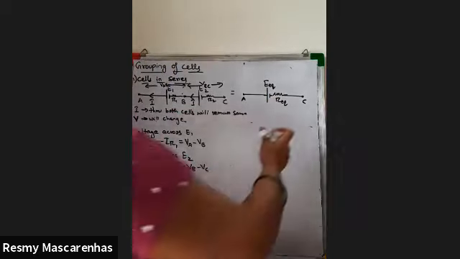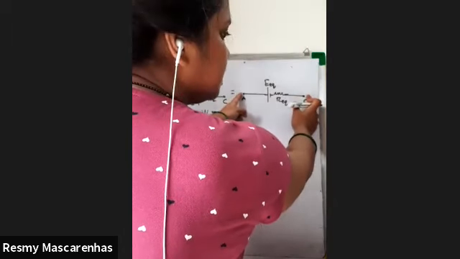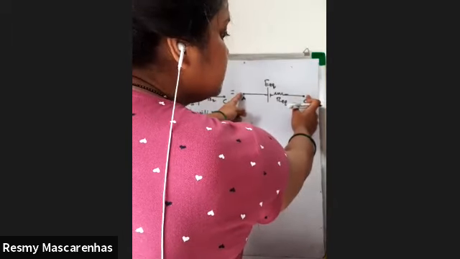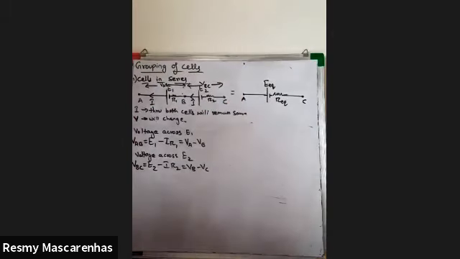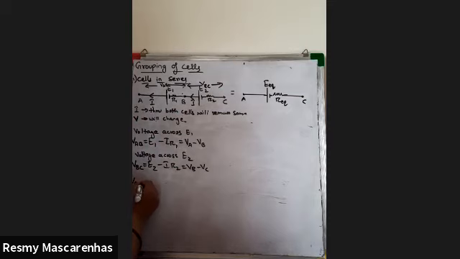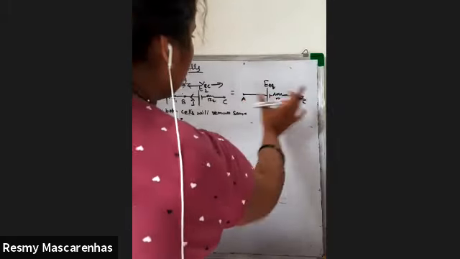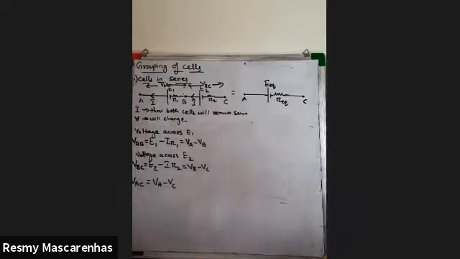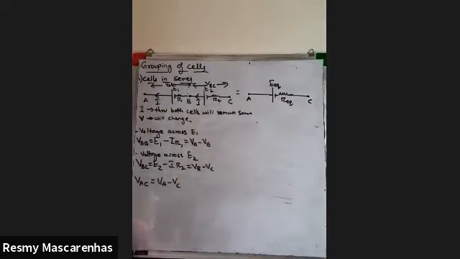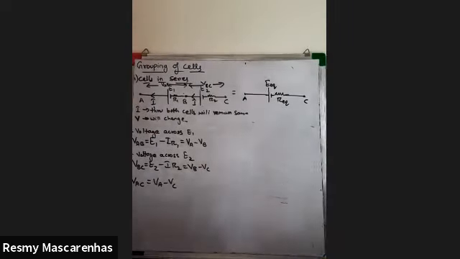It is nothing but the potential across AC. So write down VAC will be equal to VA minus VC. We are finding out this, right?